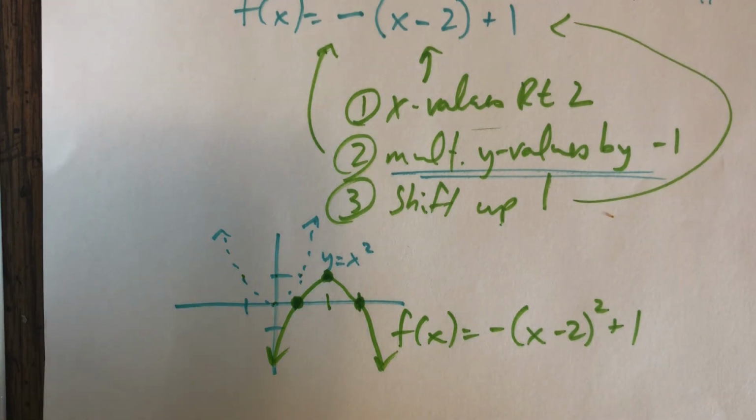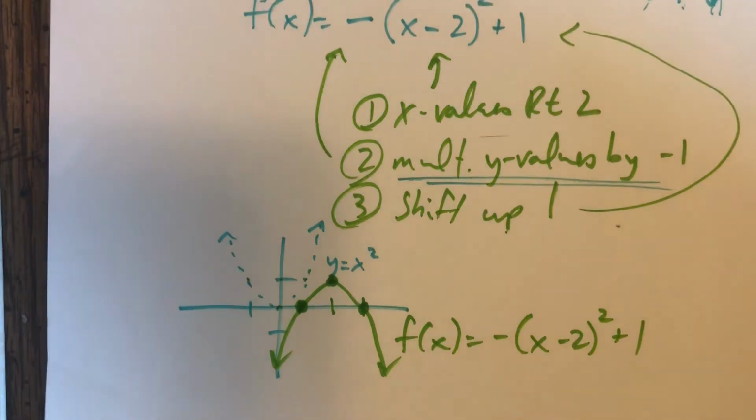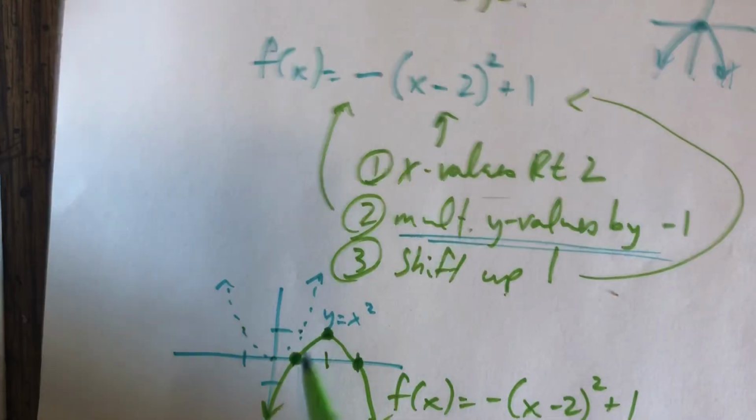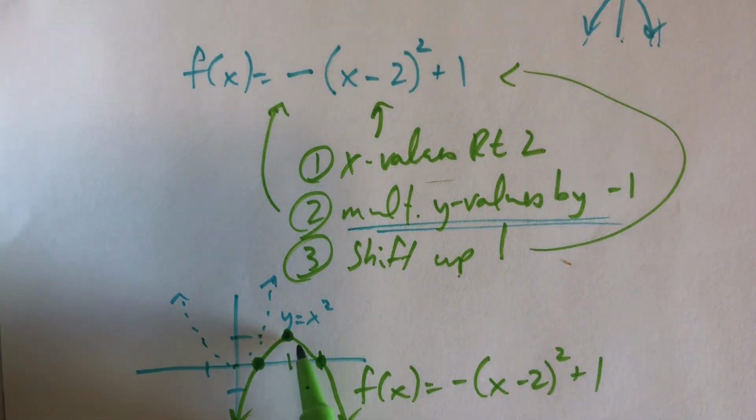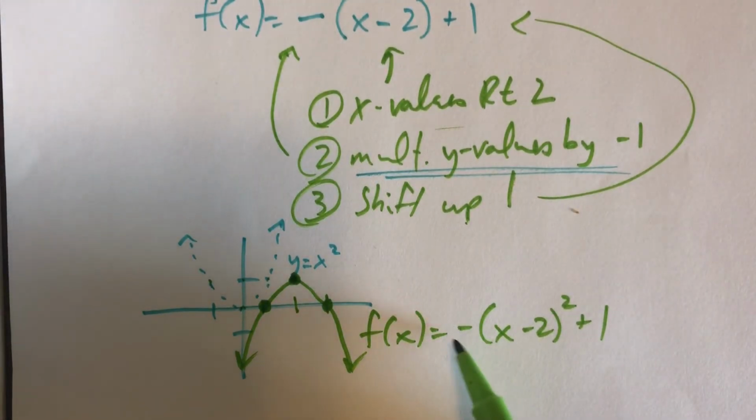Okay, so what we're trying to do in this video is just look at where the vertex is. So the vertex is right here, and that is a maximum value for the function because our leading coefficient is negative, right? This is the part that in our transformations flipped us upside down.